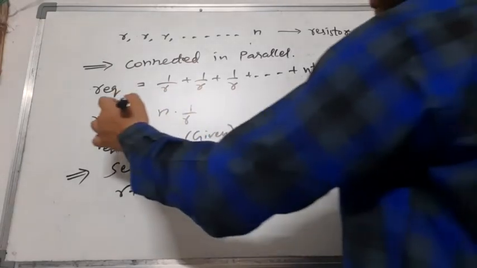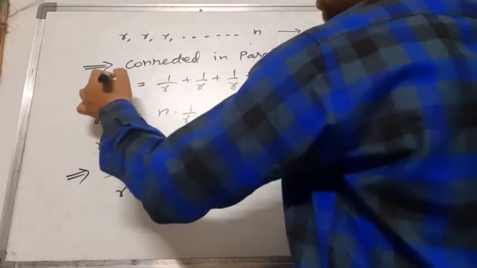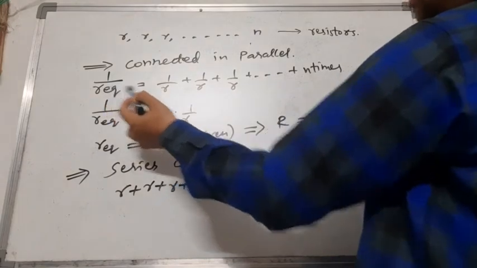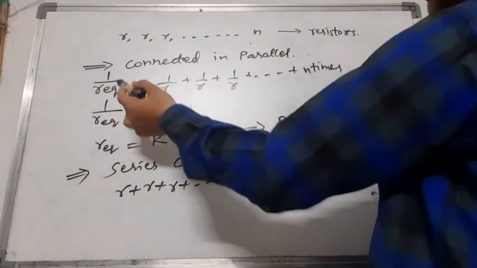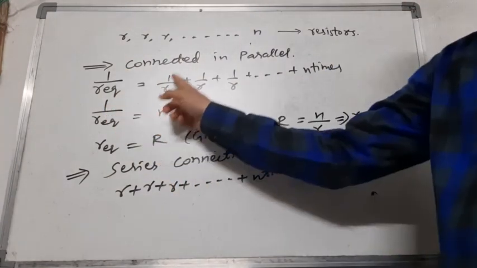And one more thing here: this is 1 by R equivalent. The reciprocal of the equivalent resistance is the reciprocal of the sum.